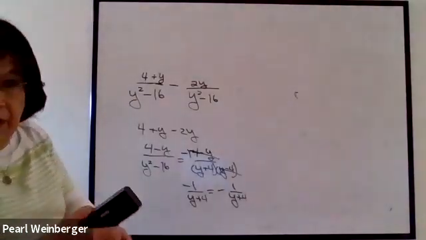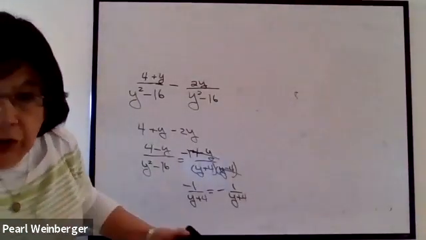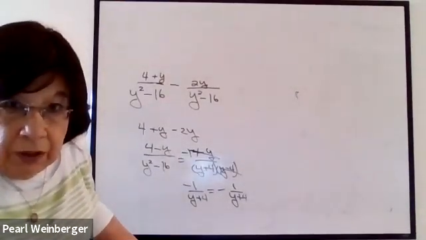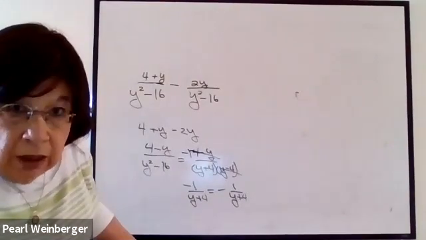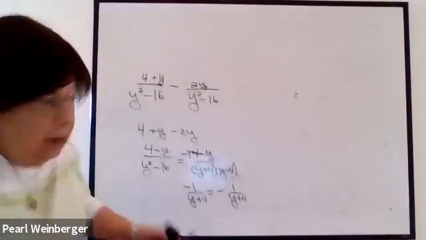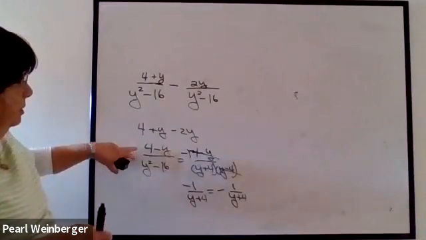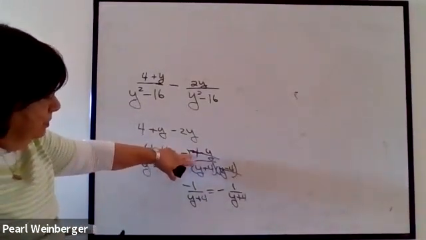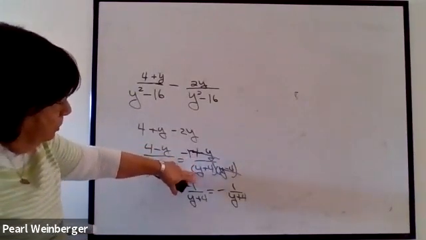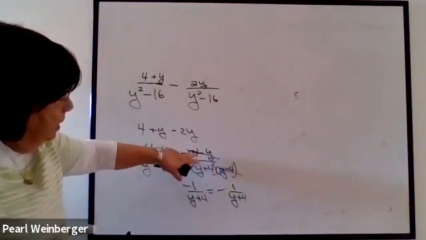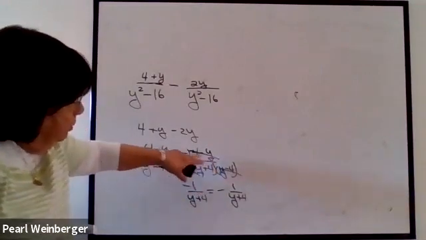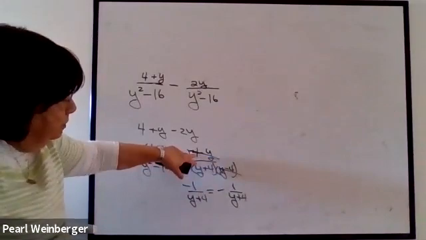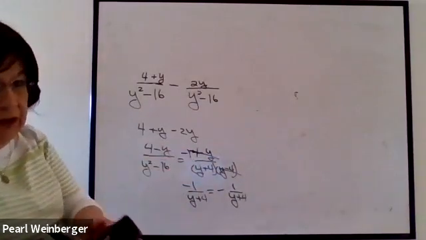Okay, in answer to your question, Zamia: if you noticed, this didn't say y minus 4. We had a 4 minus y over a y plus 4 times a y minus 4. The y minus 4 and the 4 minus y were almost identical, the difference being that the order was different.